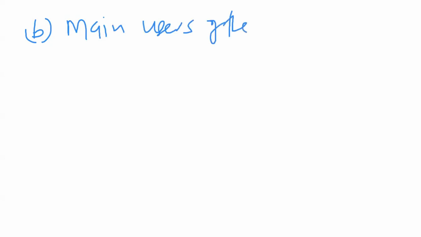The second thing that we may look at, because these ones we are giving differences, the second idea, our part B, we may talk about the main users of the information that we've prepared. So this is also another difference.